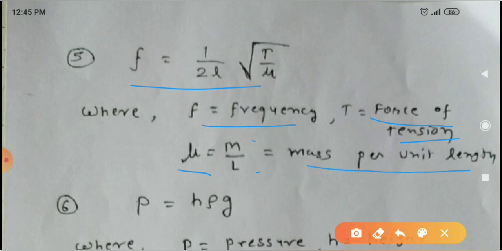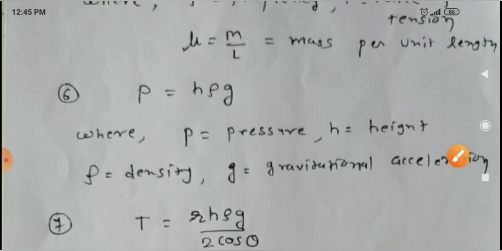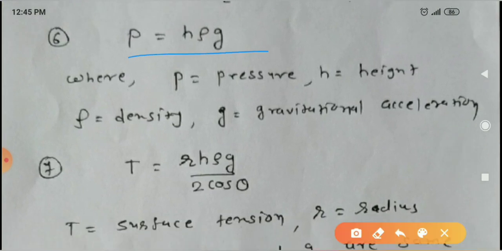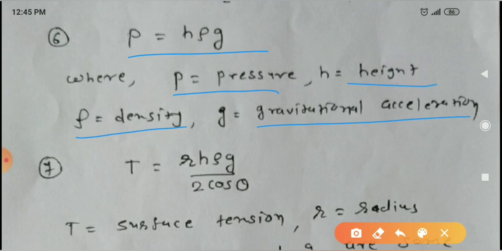So once again you have to check whether this equation is dimensionally consistent or not. Next equation is P equals h rho g, where P is pressure, h is height, rho is density, and g is gravitational acceleration.